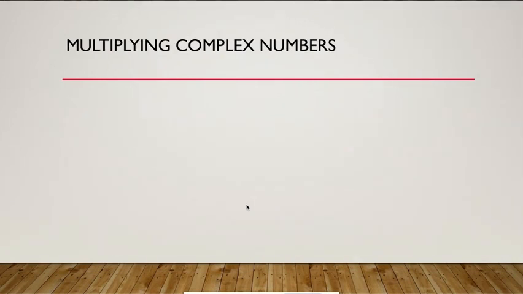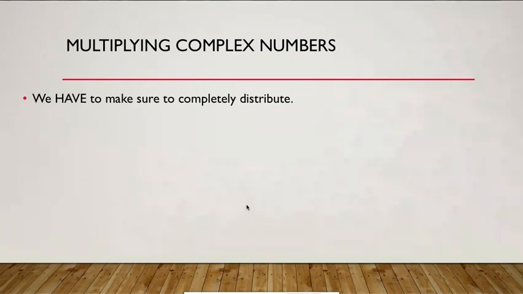So as we're multiplying complex numbers, just a couple of notes. We have to make sure we completely distribute. Now, this is not something just with multiplying complex numbers, but multiplying complex numbers uses the same multiplication rules as when we are multiplying any other set of mathematical terms. So we have to make sure we do fully distribute when we're doing this.